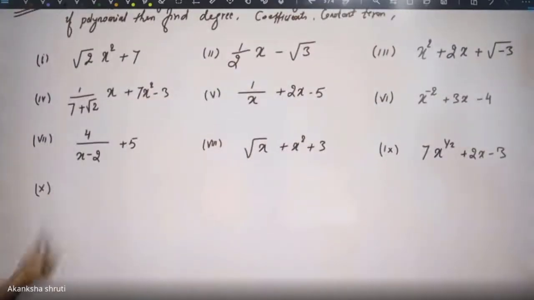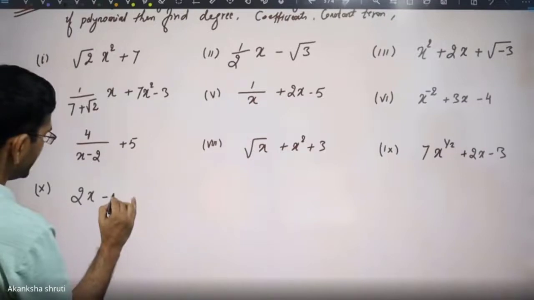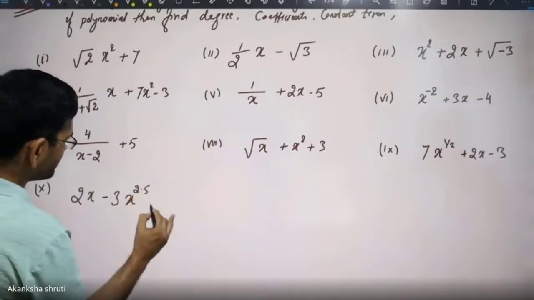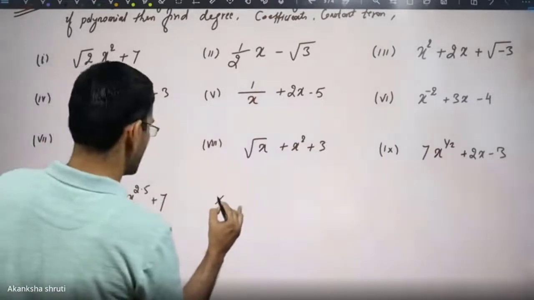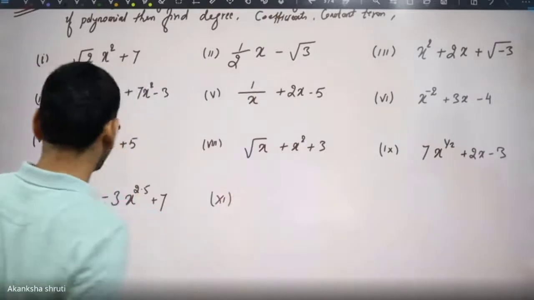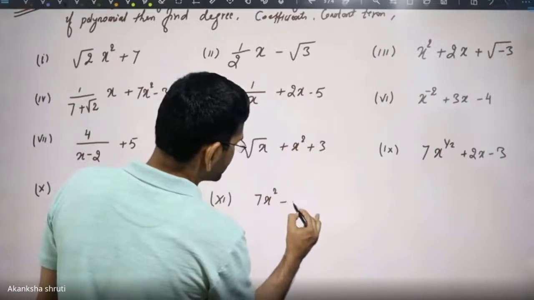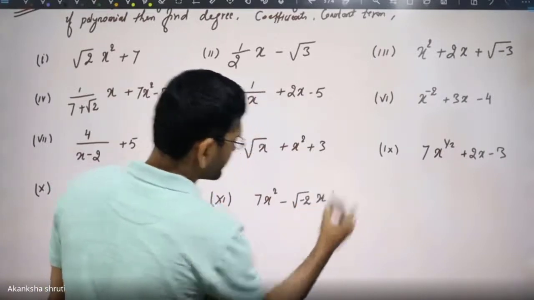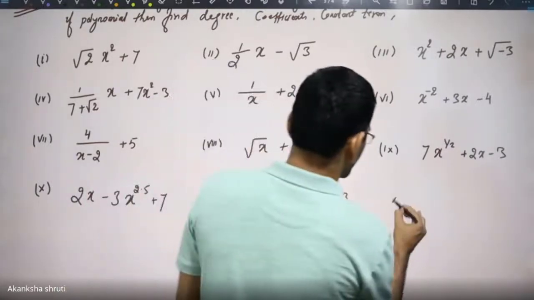The 10th one, 2x minus 3x to the power 2.5 plus 7. The 11th one, 7x square minus 2x plus 3.